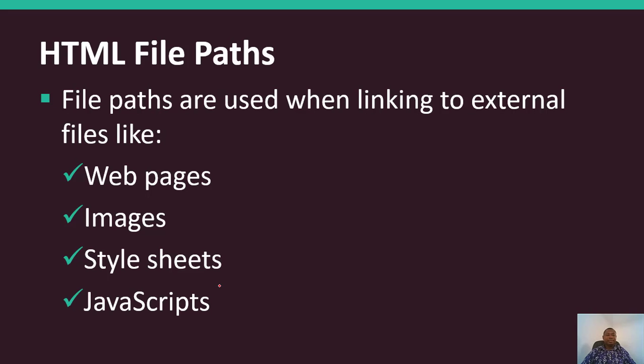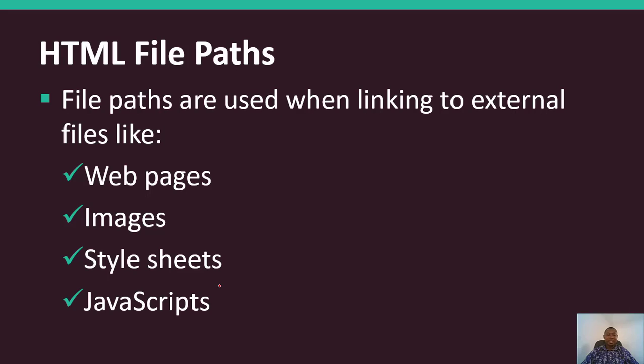HTML file paths. File paths are used when linking to external files like web pages, images, style sheets, and JavaScript. So there's another web page that you want to link to. There is a photo that you want to link to. There's a cascading style sheet somewhere that you want to link to.